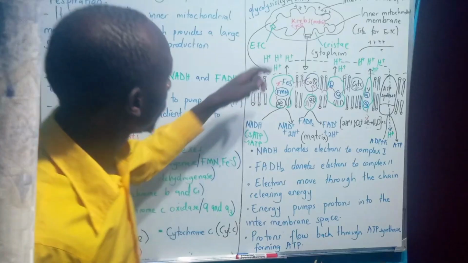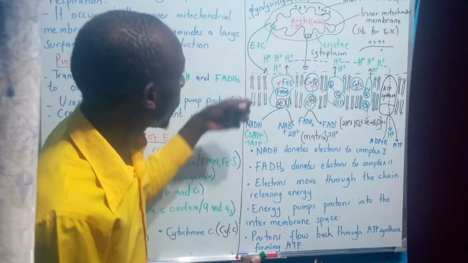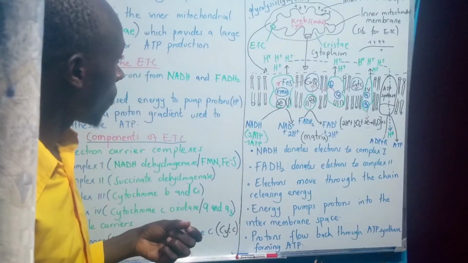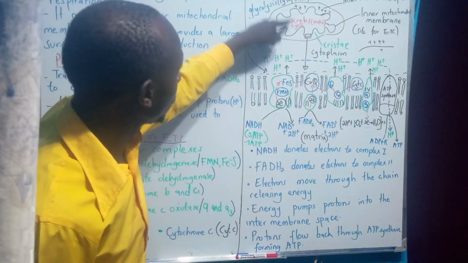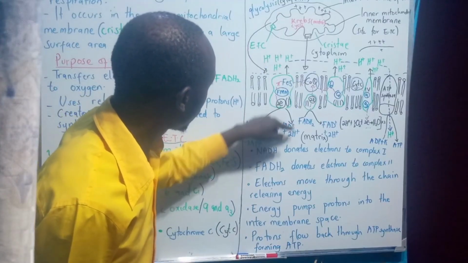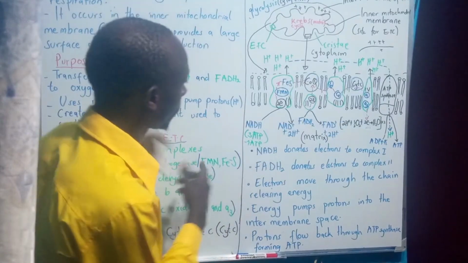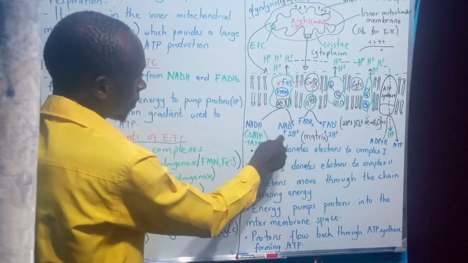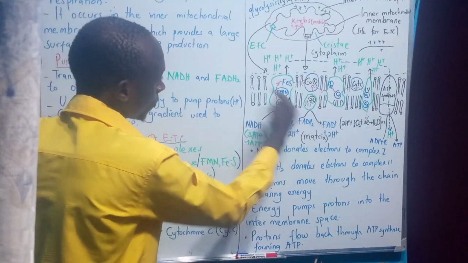But the NAD that is coming from the Krebs cycle is going to give purely 3 molecules of ATP. Why? Because no energy is required for this NAD to come and be oxidized to form oxidized NAD. Remember, the matrix is where the Krebs cycle occurs, so NAD is readily available here. It will just come and get oxidized from there.